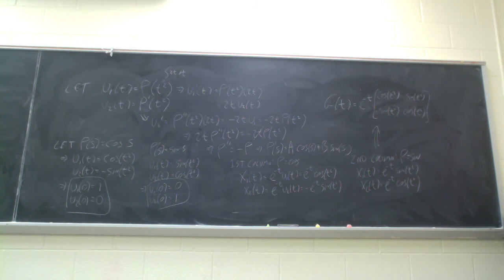Now, G prime is equal to A times G. So what that would mean is, if I take a derivative of this, this is just R1 prime, R2 prime. Actually, I don't want to write out every row. I'm just going to write out a single row. So I'm going to look at this equation row by row.